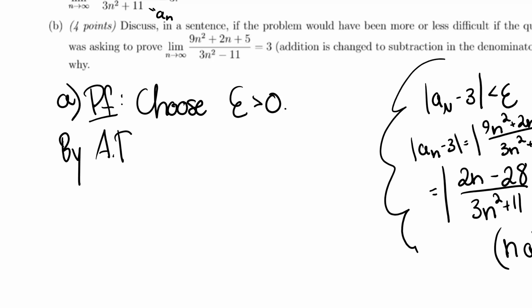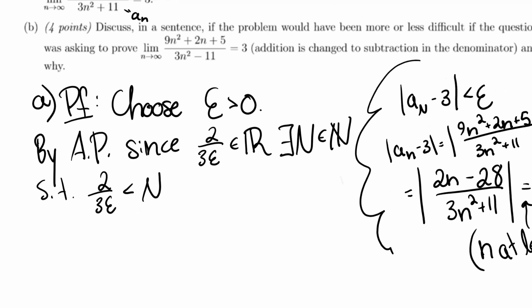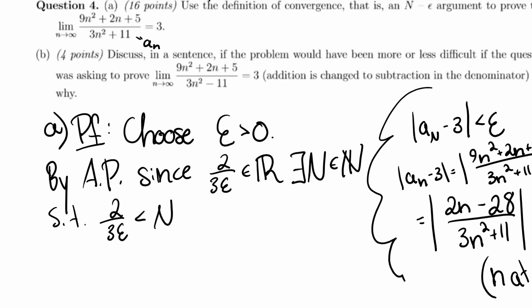By the Archimedean Property, since 2 over 3 epsilon is in the reals, there exists a natural number N such that 2 over 3 epsilon is less than capital N. Oh, I don't know why I find that so funny. Now, what do we want to do?